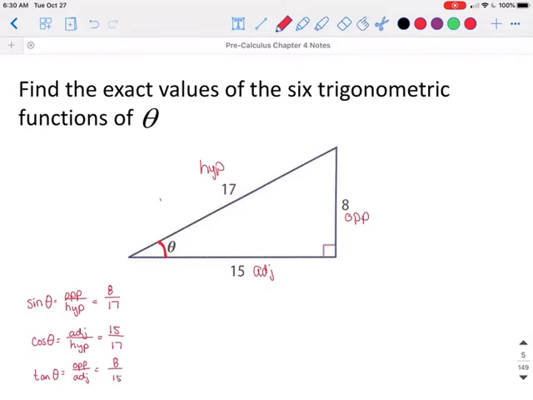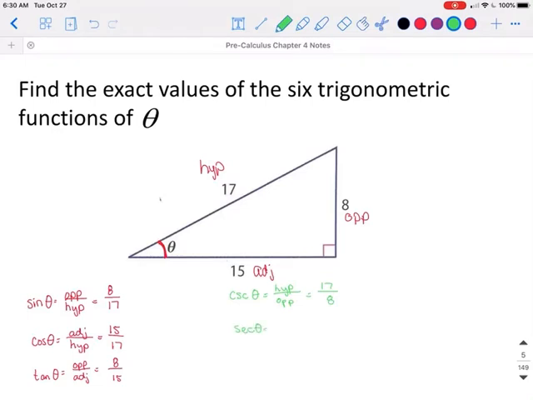Now if we do the reciprocal functions, cosecant of theta is the reciprocal of sine, so it's hypotenuse over opposite, or you can just take your sine function and flip it upside down, so it's 17 over 8.